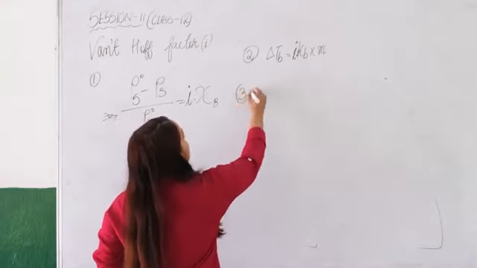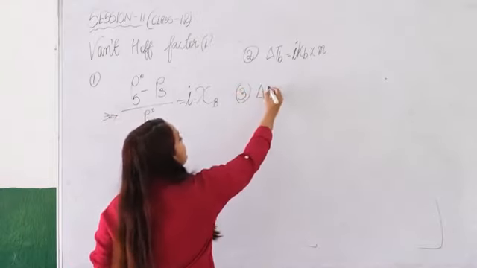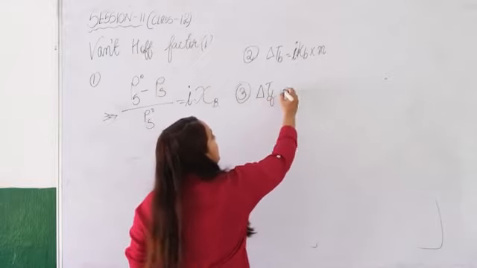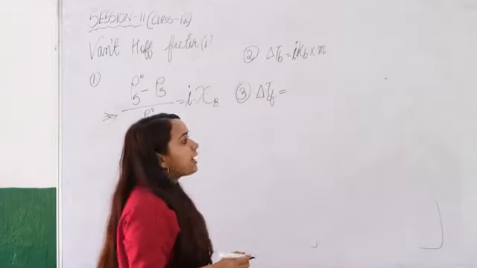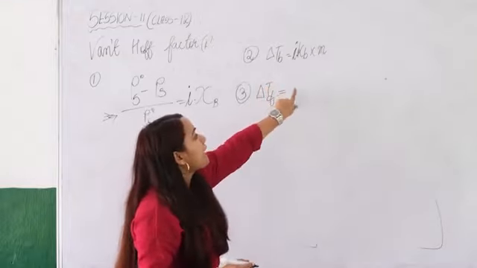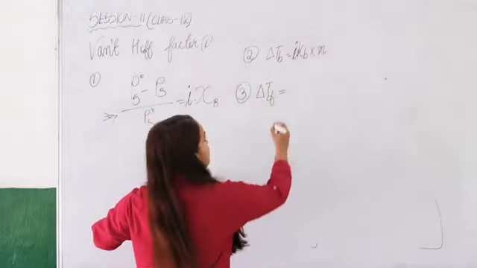Now the third colligative property, which is depression in freezing point, can also be corrected by multiplying Vant Hoff factor towards the right hand side.